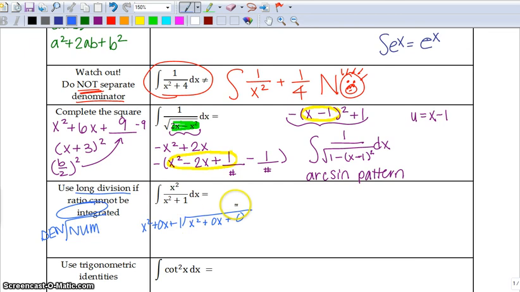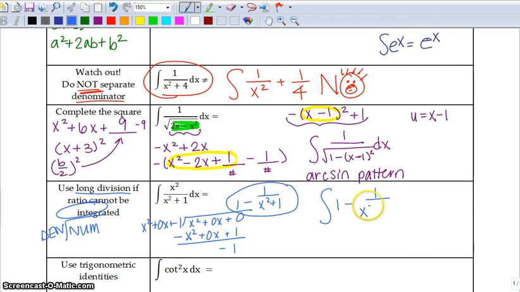X squared goes one time to make x squared, no x's, 1, subtract, negative 1, so that's the remainder, so minus 1 over x squared plus 1. So here is now what we're going to integrate: 1 minus 1 over x squared plus 1 dx.